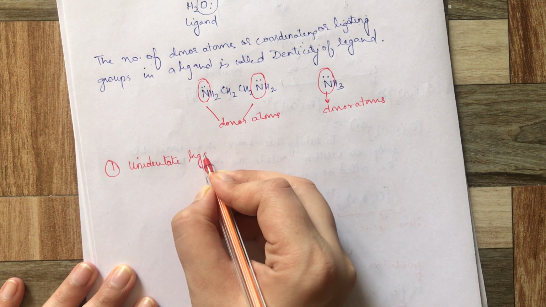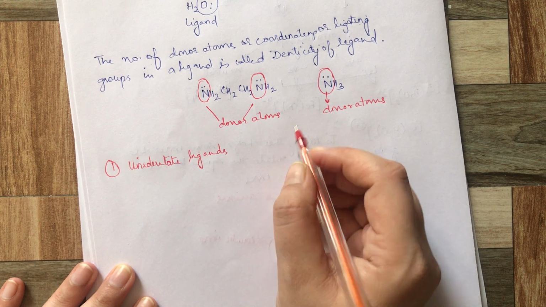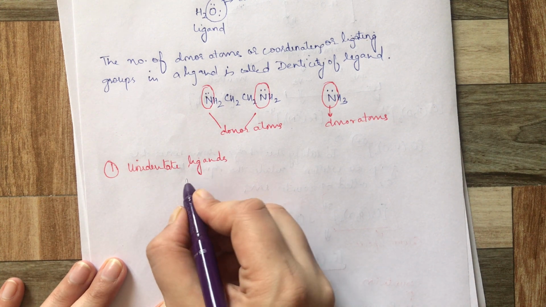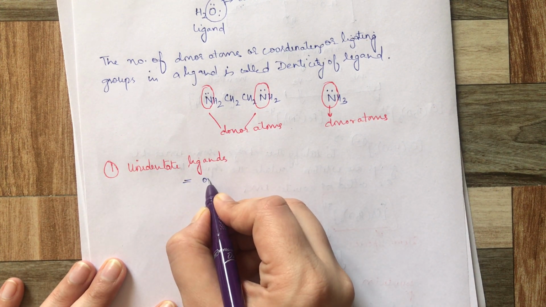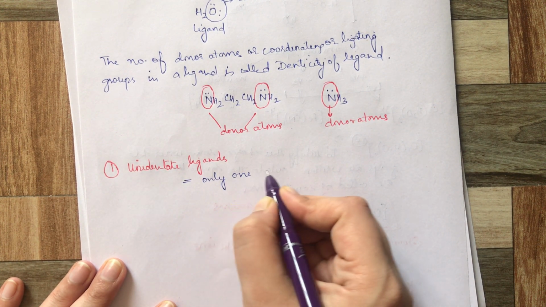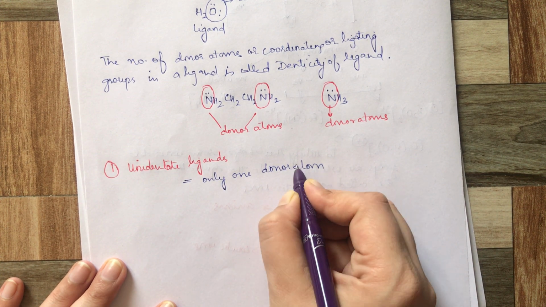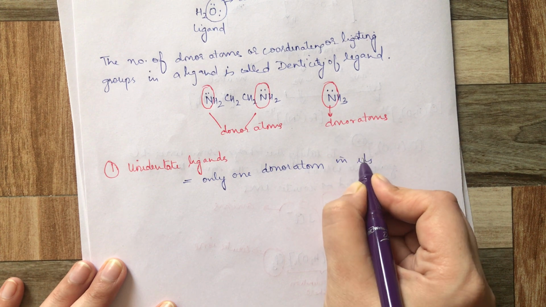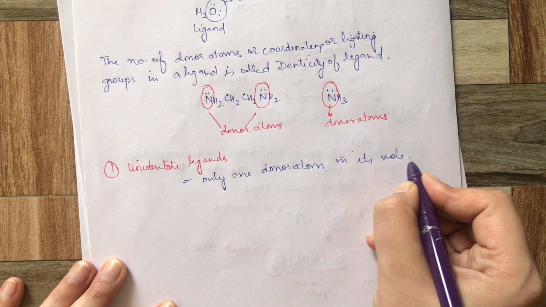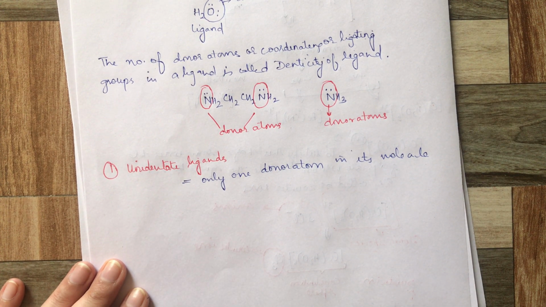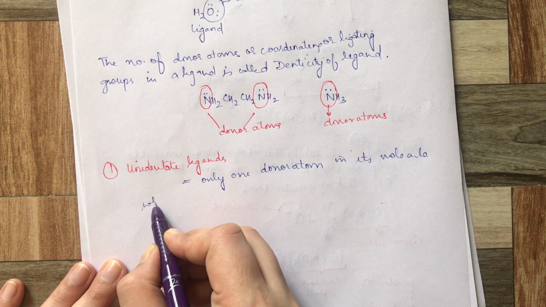Based upon this, unidentate ligands. Unidentate ligands means the ligands which have only one donor atom in its molecule, which can form the coordinate bond, which can coordinate.